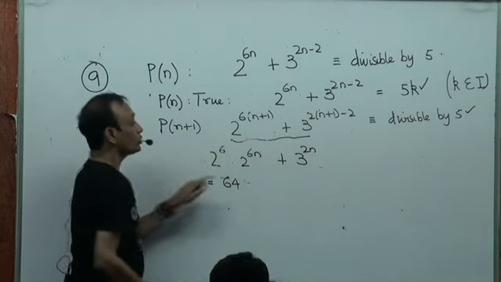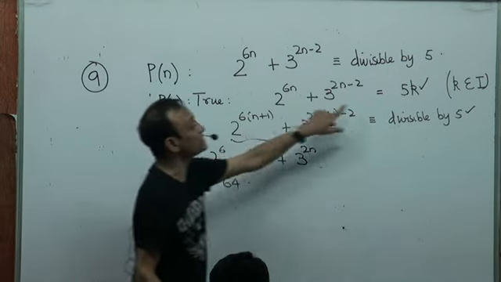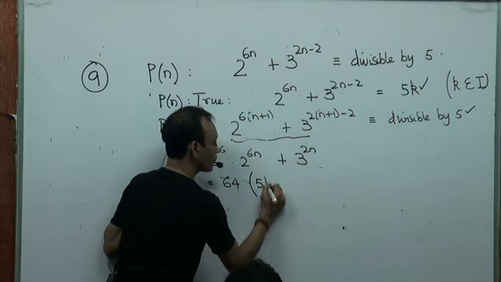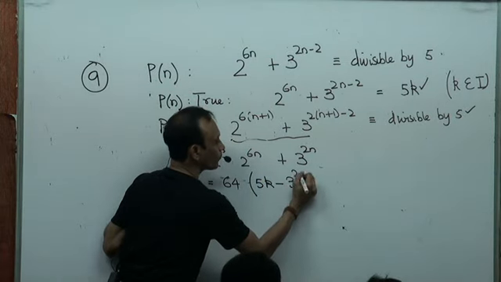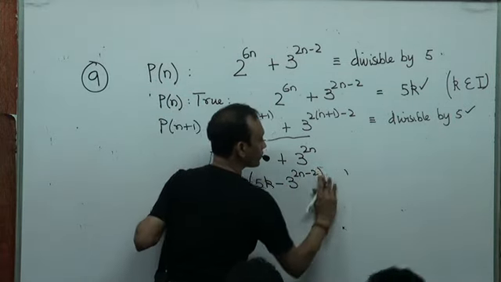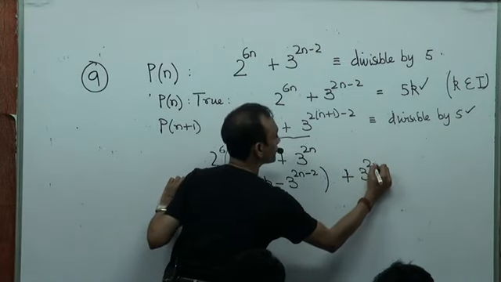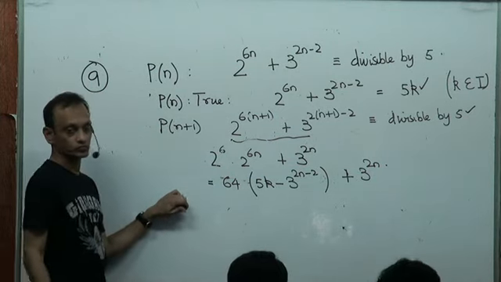So 64 into 2 to the power 6n, and 2 to the power 6n is 5k minus this, minus 2, plus 3 to the power 2n. Yes or no?